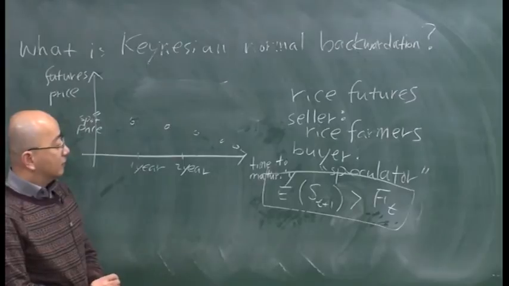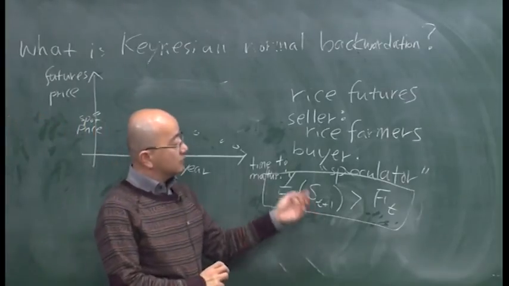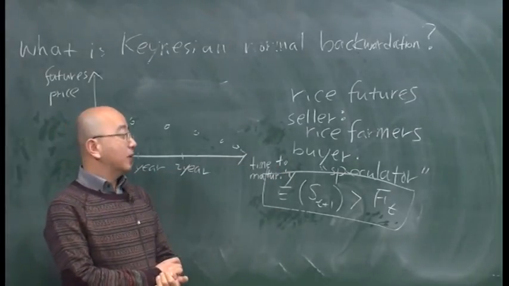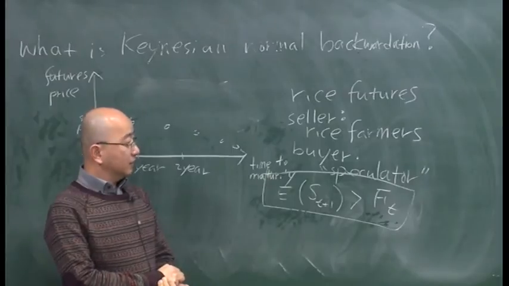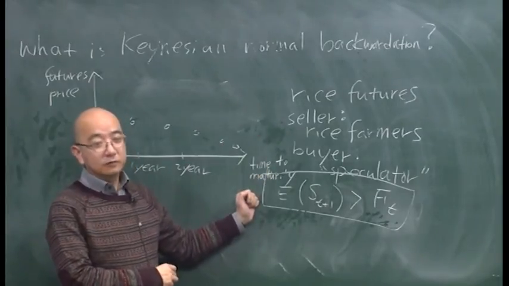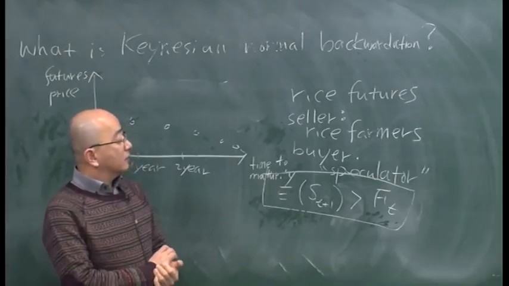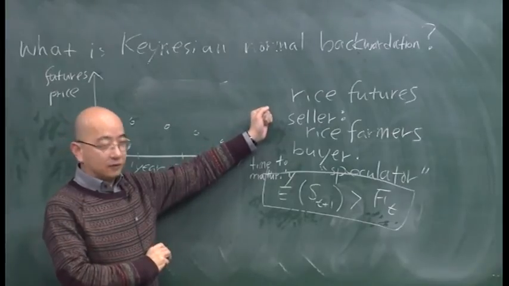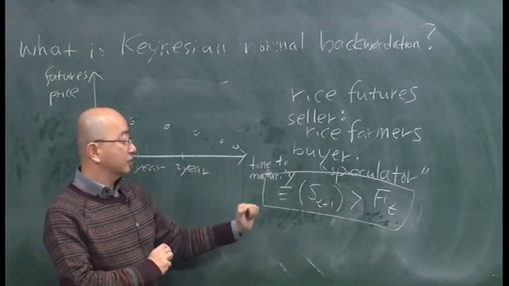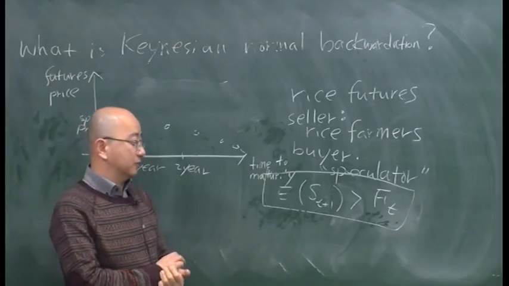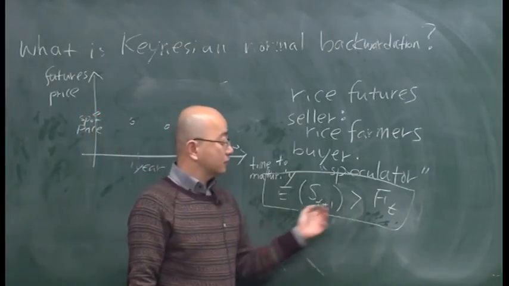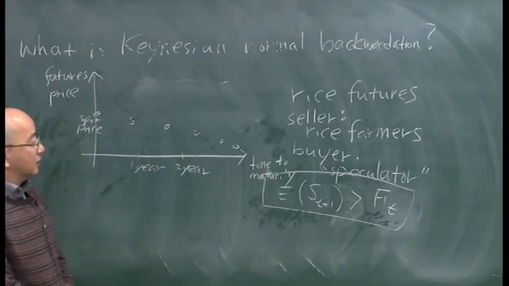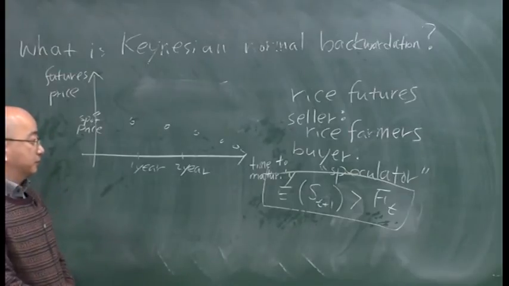Because for futures market, if this happens as in this case, one side of the contract, in this case the buyers, expect to earn profit, sellers expect to lose money. In general, if that is the case, there will be very few sellers and more buyers, so the market cannot be in equilibrium. So that's the general idea in economics, that these two should be identical, because otherwise one side of the contract will not have any reason to participate in the market.